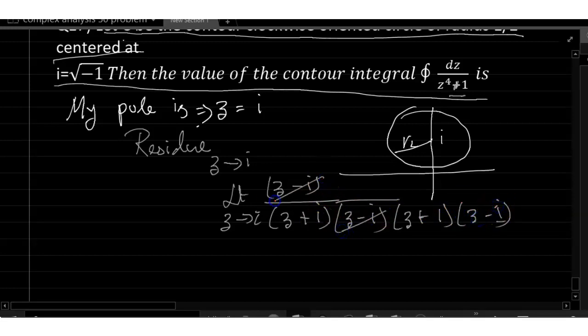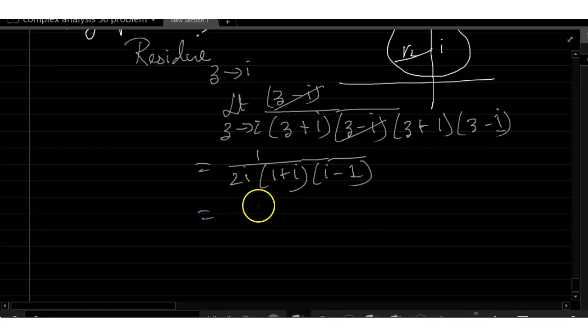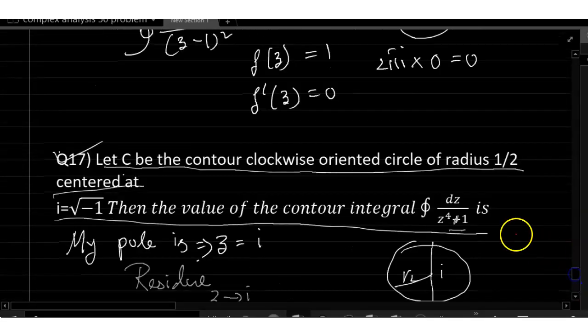So this portion and this portion cancel, so I get 1 by 2i. This value is 1 into minus 2i into 2, so it is minus 1 by 4i.